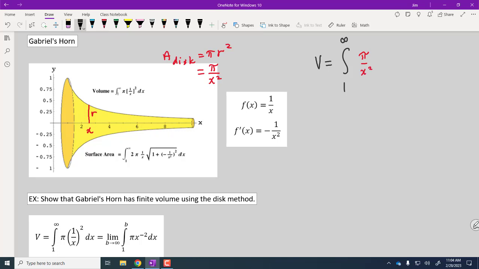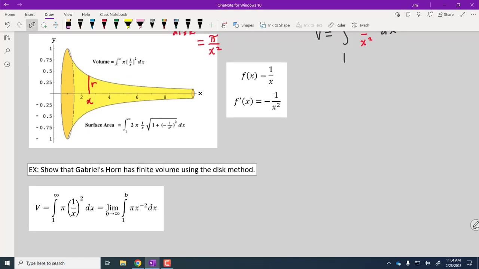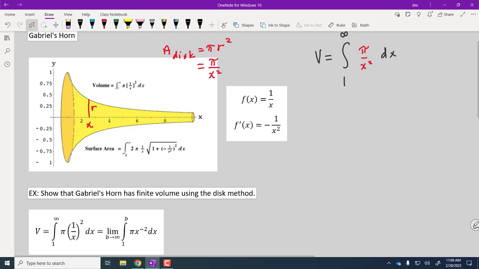Once again, we've already integrated 1 over x squared twice, essentially. We know that's going to be finite. Actually, I started to do it right down here. So we're going to turn it into a limit, and I'm going to factor the pi all the way out to the front. Get rid of the constants if you remember. Then we're going to integrate x to the negative 2.